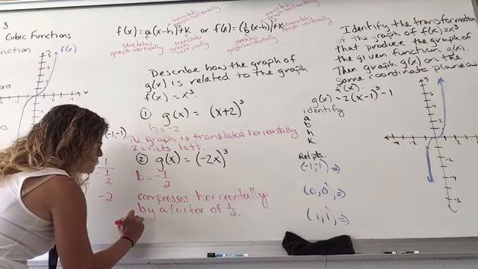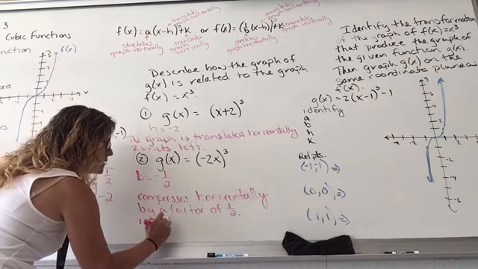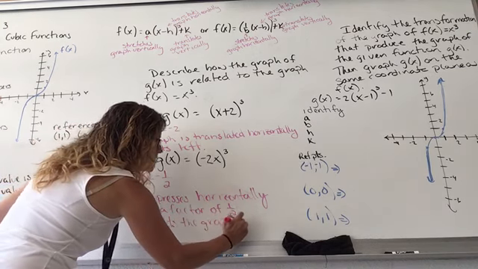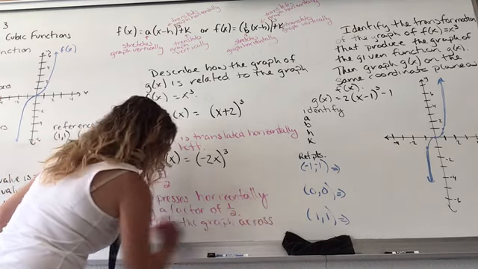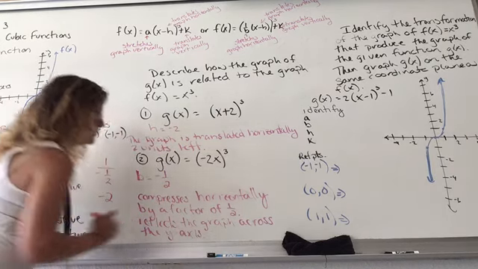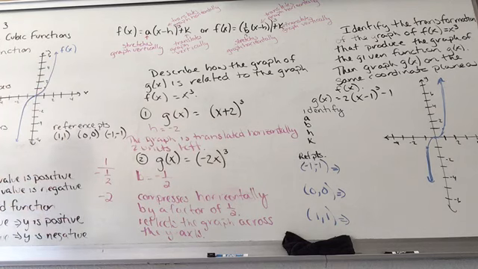So this also reflects the graph across the y-axis. So we've described it, we identified what the change was, and we described it. And that's going to be key to doing what we're going to do on homework. B values can be tricky, A values can be tricky, and H. K, it's pretty generic.